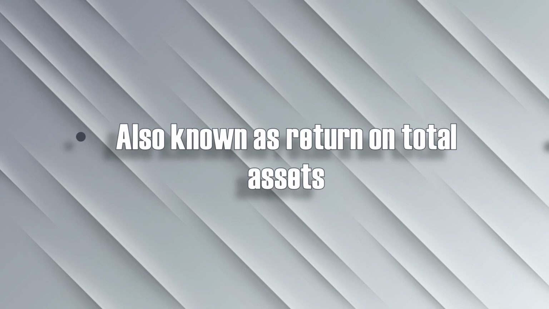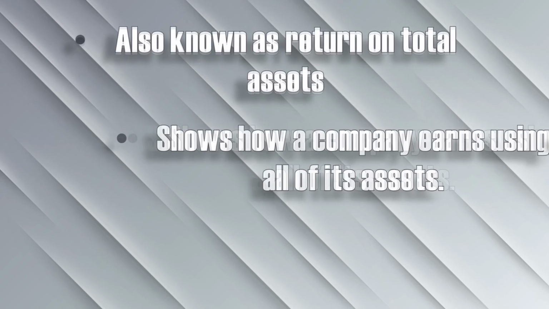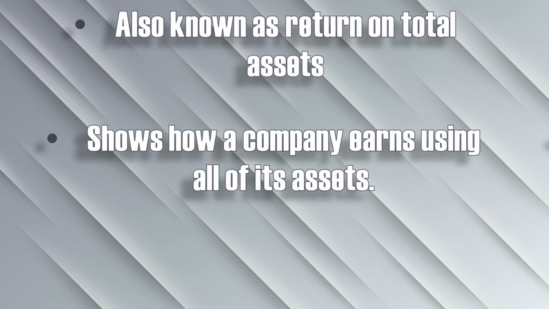It is the rate that a business receives by the use of its own assets. It shows how a company earns using all of its assets. It simply reveals how efficient a business is at recovering the money that the owner invested in his or her assets.